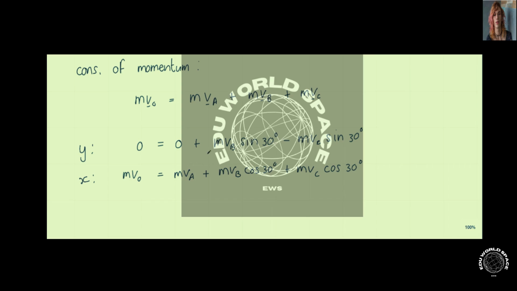So we can rearrange this and divide both sides by m and see that vb plus vc is equal to v0 minus va over the cosine of 30 degrees. So this is equal to 2 over the square root of 3 into v0 minus va.